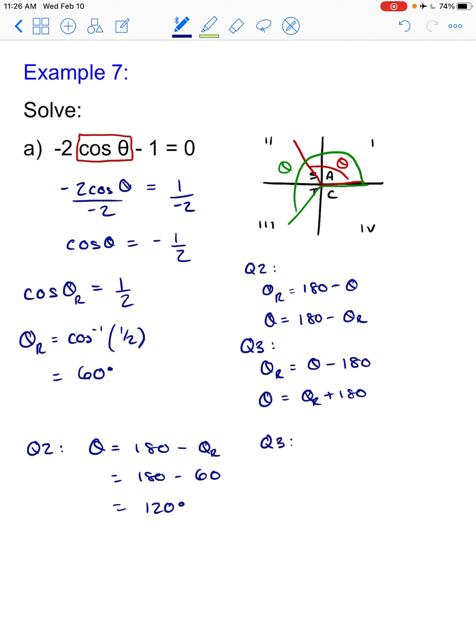And in quadrant 3, theta is equal to our reference angle plus 180 degrees, which is 60 plus 180 is 240, giving us a final answer of theta is equal to either 120 degrees or 240 degrees.